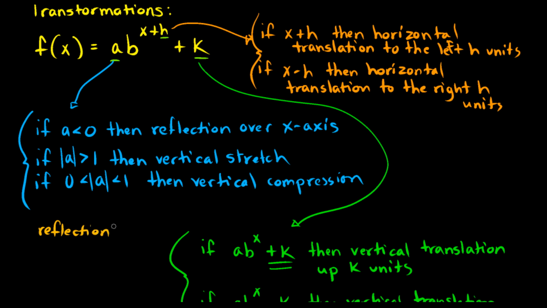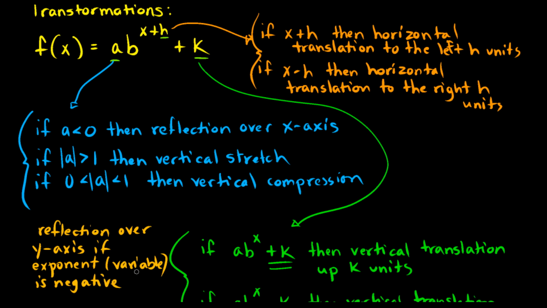Just list this with everything else. Reflection over the y-axis if the exponent, or the variable in the exponent, is negative.